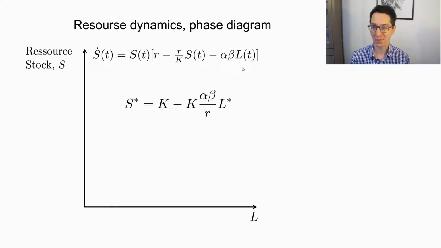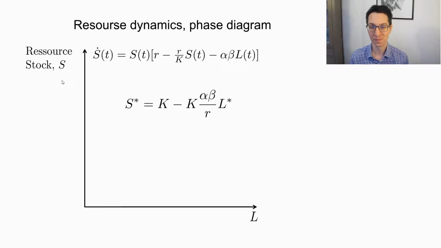So let's start with the first set of values that we just computed. It's the sustained island steady state. S star equals K minus K, which multiplies alpha beta over R times L star. This describes a set of points on this graph for which S does not change. Here we don't care about how L changes. We're just going to look at how S changes.